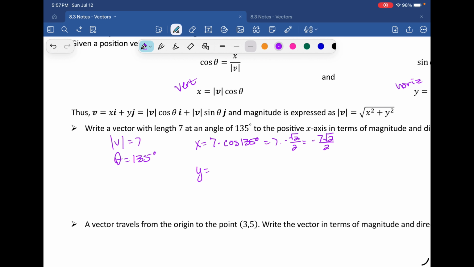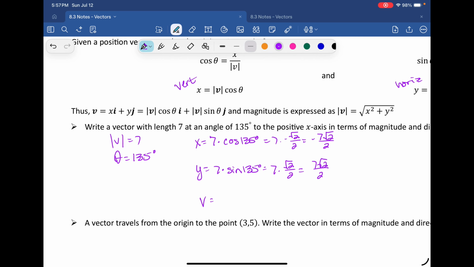And y is magnitude times sine, so that one's positive. So vector v equals negative 7 root 2 over 2 i plus positive 7 root 2 over 2 j.